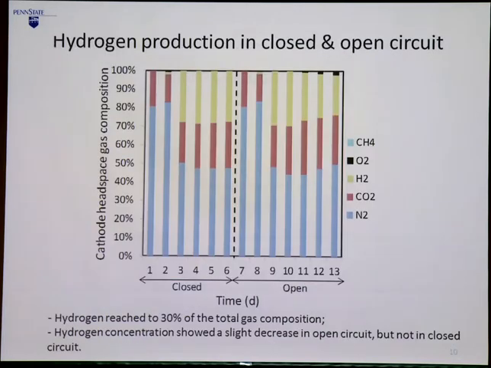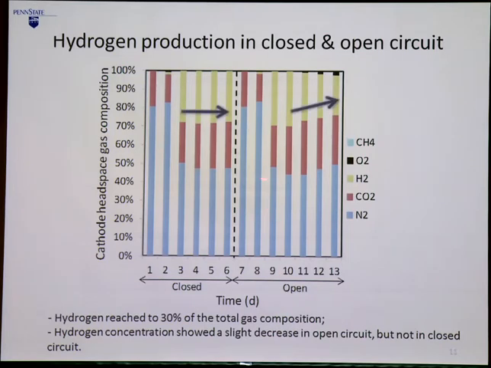At the end of these 2 months, I ran my reactors first in the closed circuit as previously, and also left them in the open circuit for a batch to compare the difference. I found that hydrogen production reached around 30% of the total gas composition in the cathode headspace.